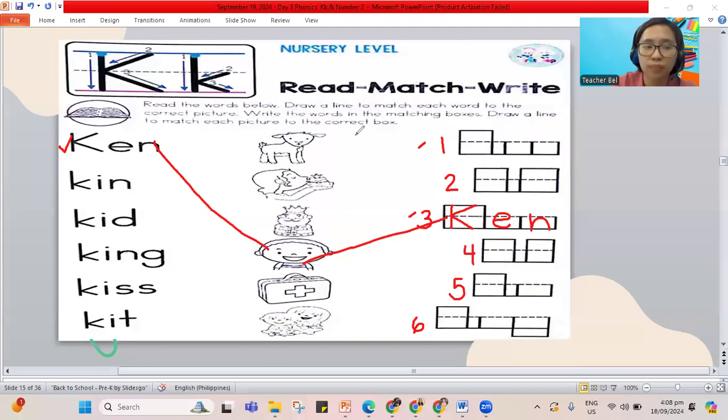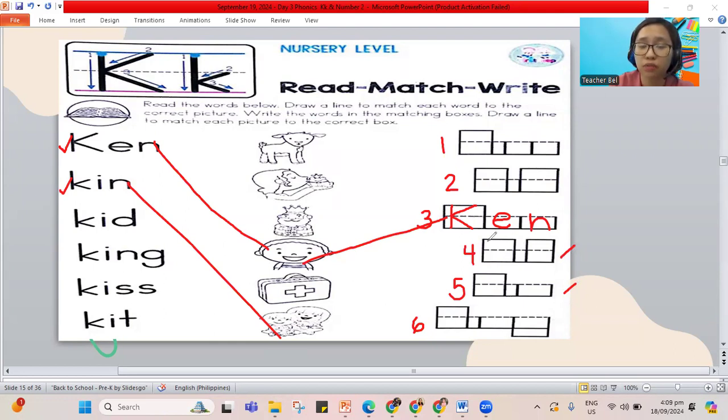Okay, let's jump to another one. We're done with Ken. How about let's move on to the next word? And this one is K-I-N. K-I-N, kin. Let's make a line for kin. You are the kin of mommy and daddy. Kin is in this picture. Where can we fit kin? Can we put it in 4 or in 5? Where should it go? It should be in number 4.